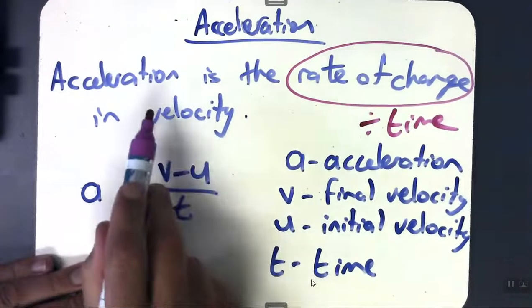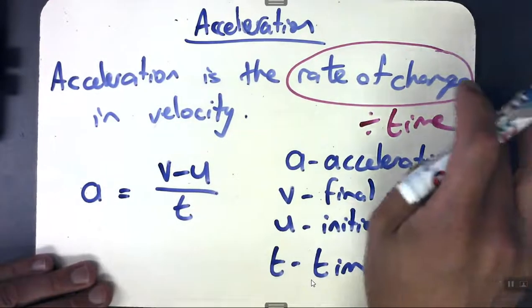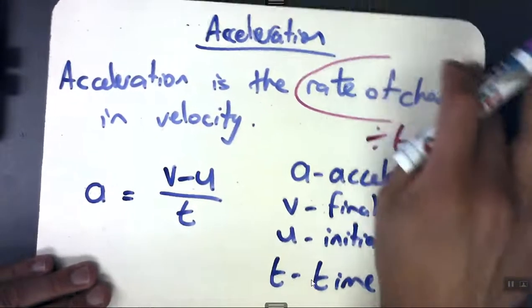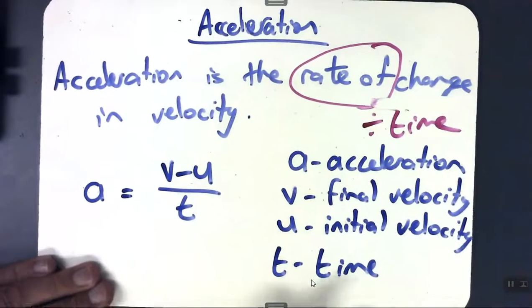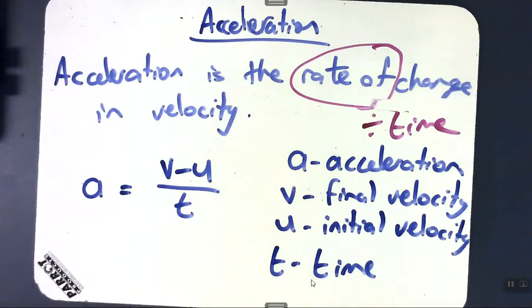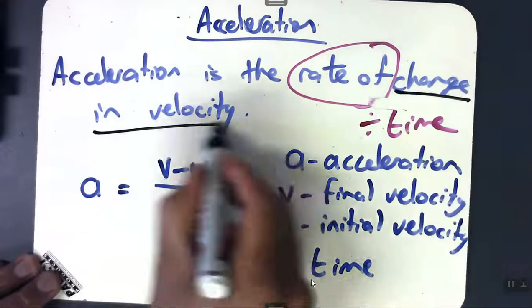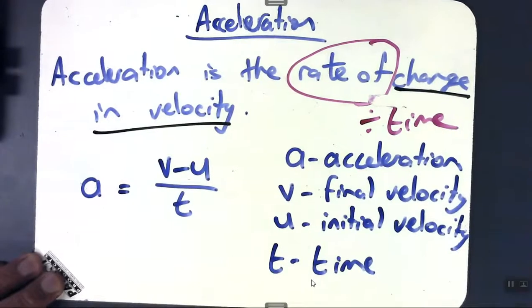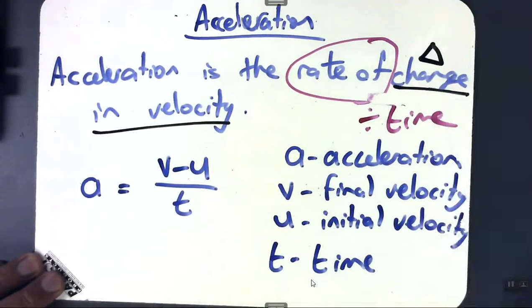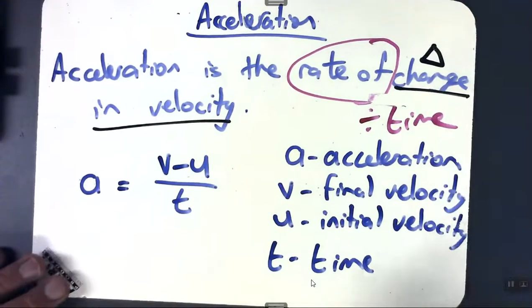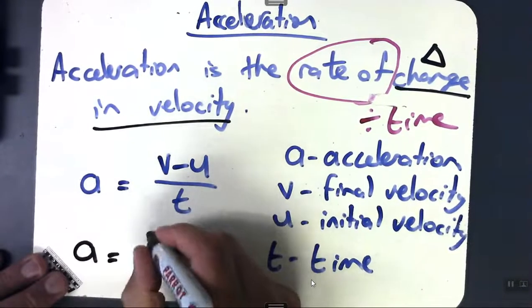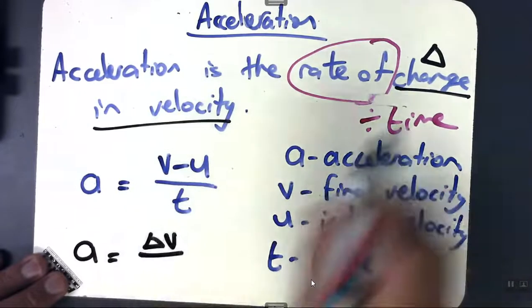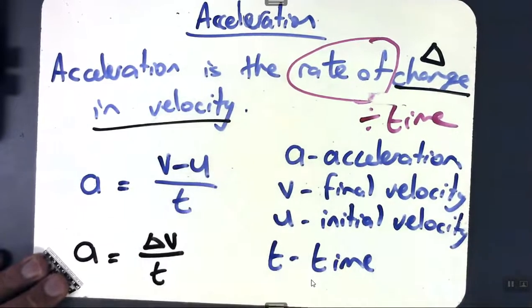So what is divided by time? The change in velocity. Change can be represented by a little triangle, which we call delta. So we can also write the formula as delta V, change in velocity, over time.